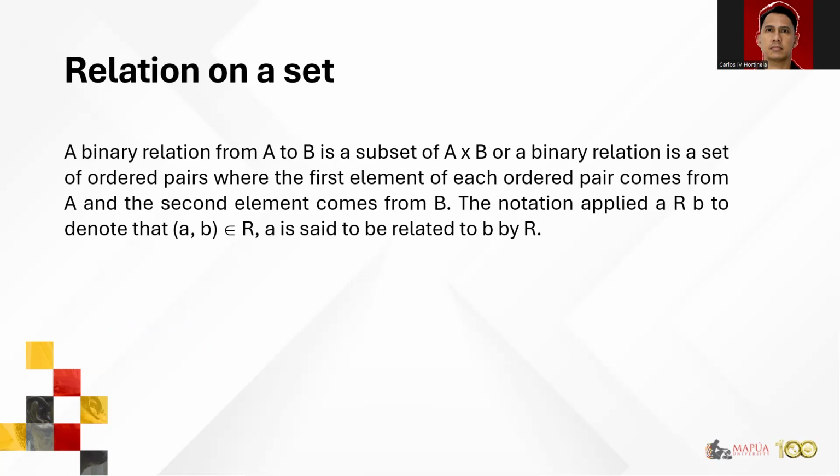Okay, this means that the ordered pairs we form on our given relation set are much like the ordered pairs you form when you multiply A with B. This means the first element of each ordered pair always comes from set A, whereas the second element of each ordered pair in your relation set comes from set B, denoted by the form A comma B.